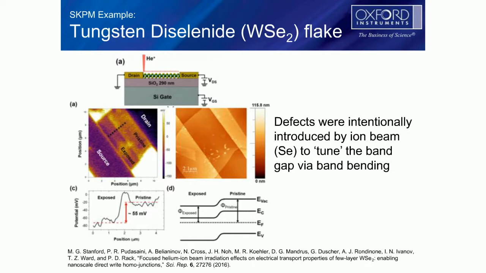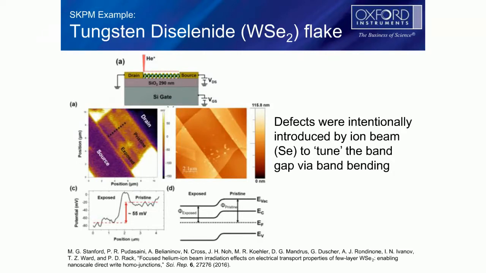Okay, so looking at the next one, this is just an example of this. I cannot read that, unfortunately. For some reason, it's real small on my screen. In this case, what they did was they built this device. It's a tungsten selenide device, and they put a source and a drain on it, which you can see on the left.